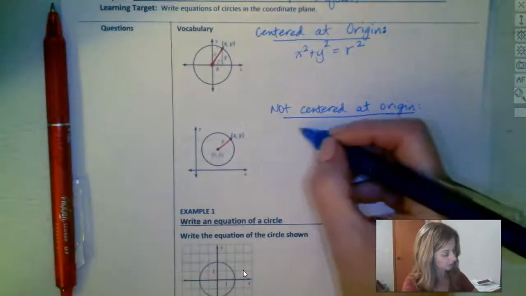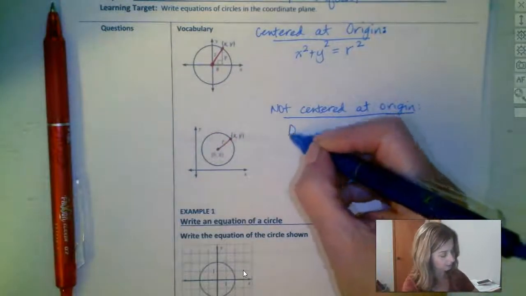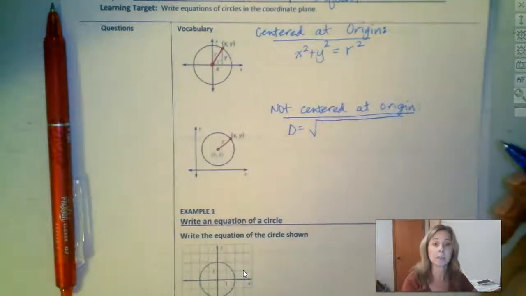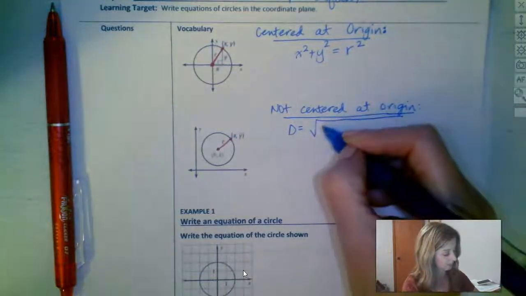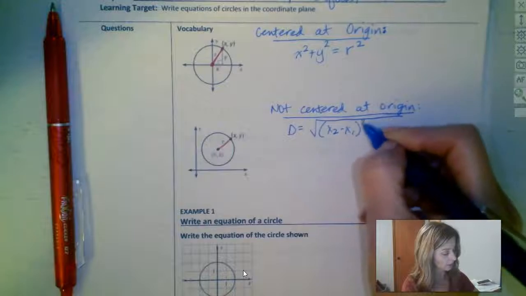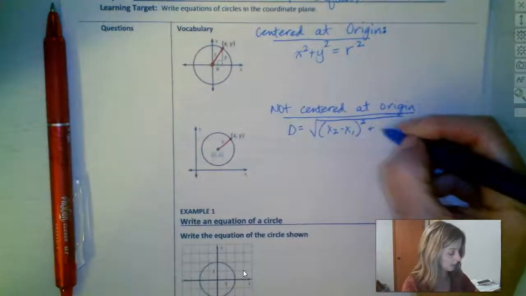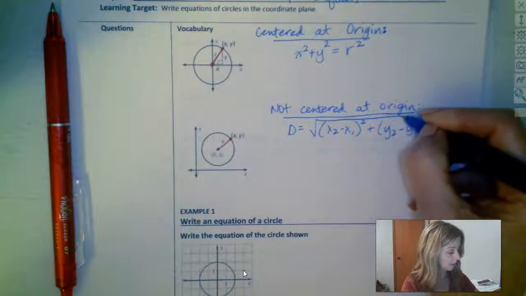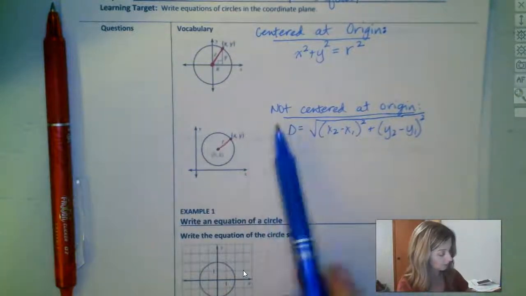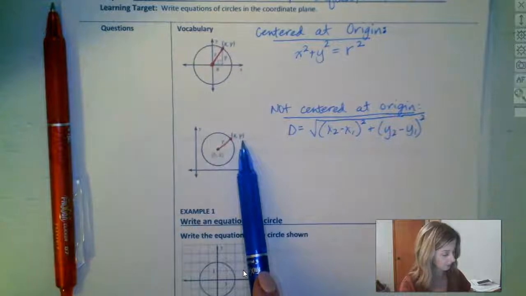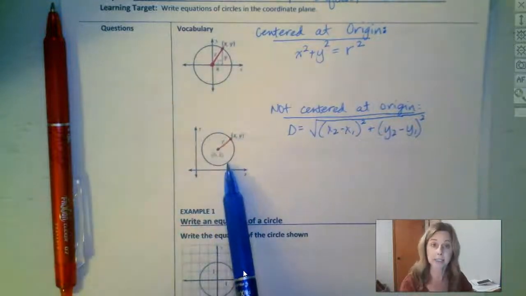So what I want to do is I want to think of distance formula. So I'm going to start here by saying D equals, and let's actually write down the distance formula. So it's going to be the square root of x2 minus x1 quantity squared plus y2 minus y1 that quantity squared. So let's call x and y our x2, y2. Let's call h and k x1 and y1.